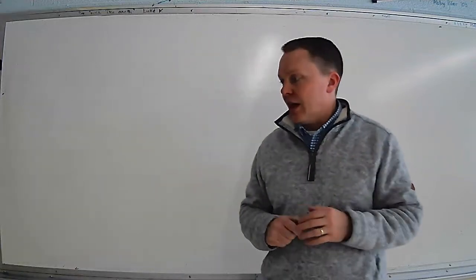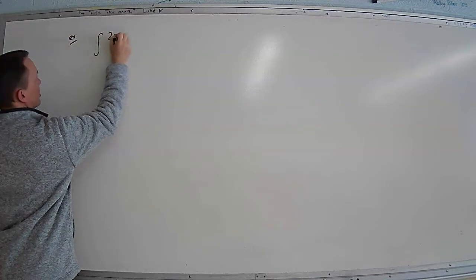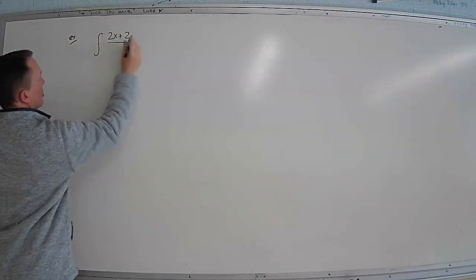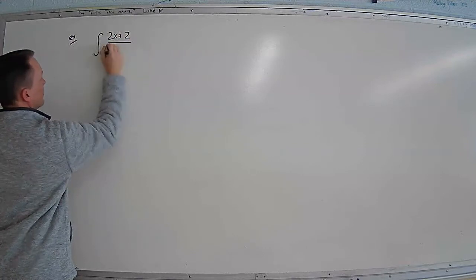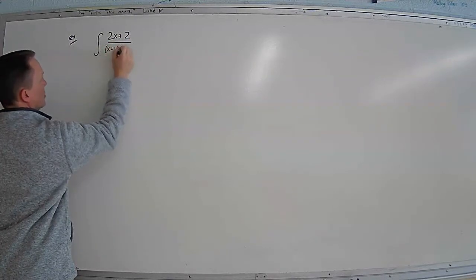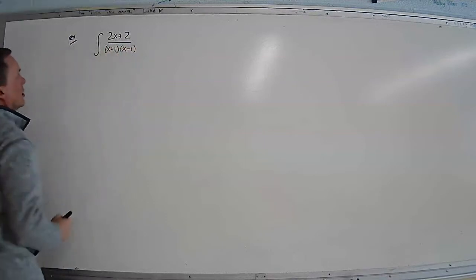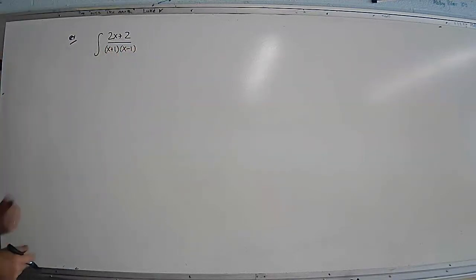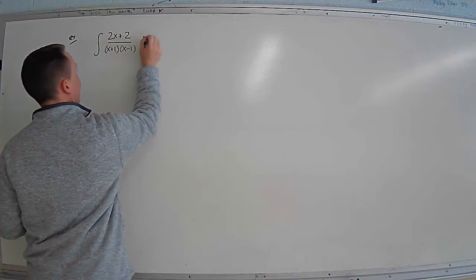So partial fractions, non-repeating linear factors. Let's just start with a problem here. Let's say this is the integral of 2x plus 2 over x plus 1 times x minus 1, dx. So we're finding this antiderivative.